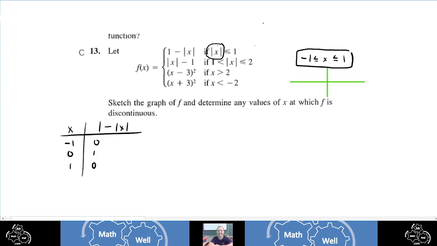So in between -1 and 1, it looks like this: 1 minus absolute value of x. If it's -0.5, 1 minus -0.5 is just like 1 minus positive 0.5, so it's 0.5. If it's a positive 0.5 over here, 1 minus positive 0.5 is 0.5.